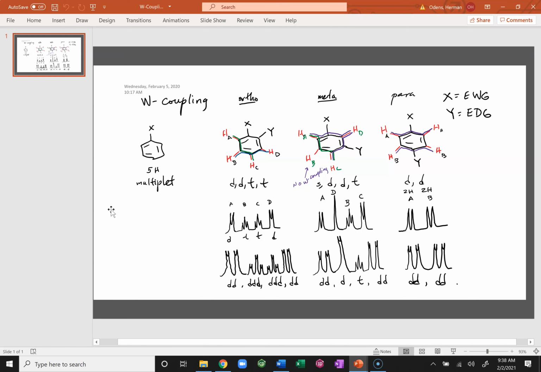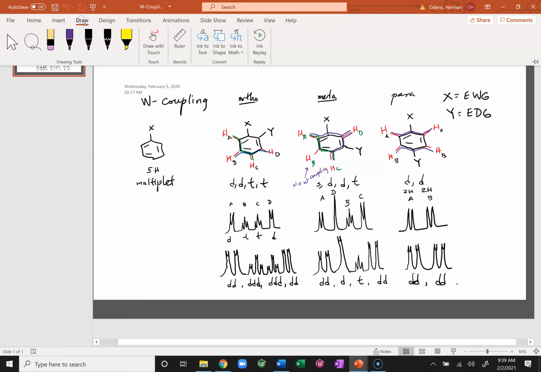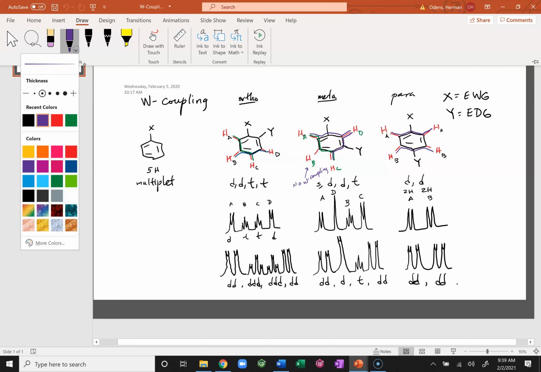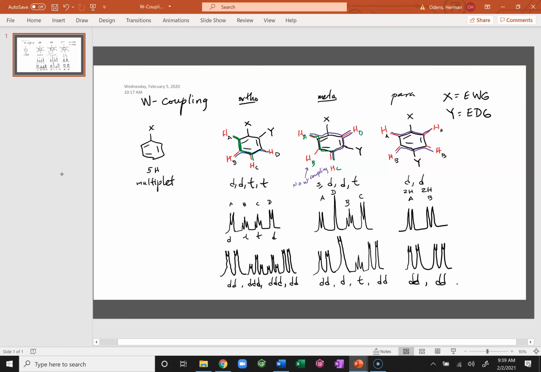But let's take a look at the ortho. I changed the ordering here. Proton A has a W coupling with HC. So in green, I have this coupling.